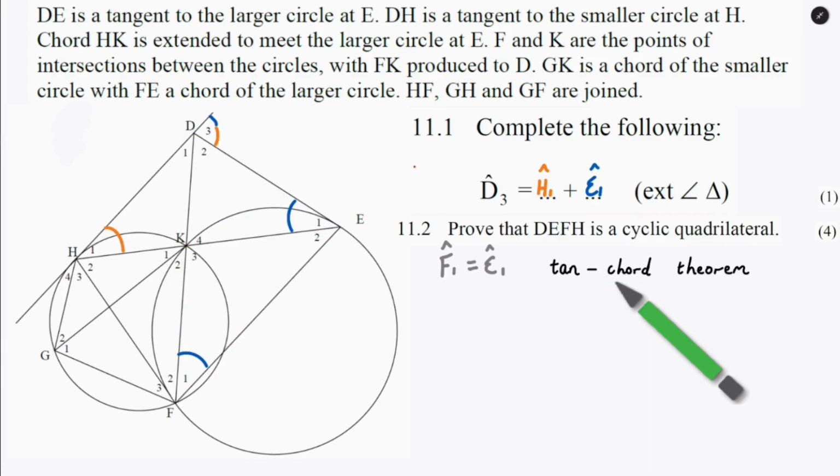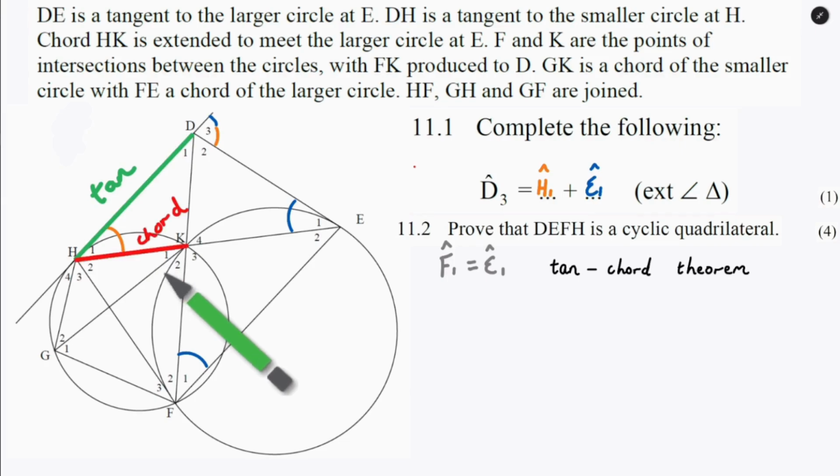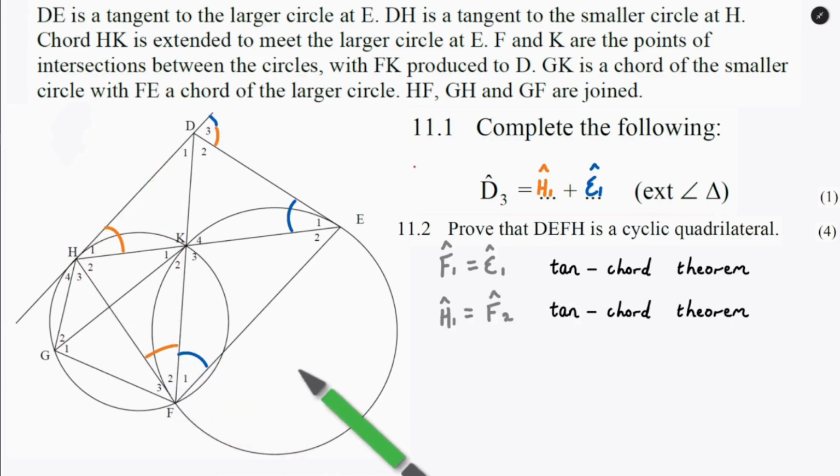In a very similar fashion, we come to this orange angle over here, H1. H1 is also nested in between a tangent and a chord. Go to either end of that chord, follow it down some more, and we find another orange angle down here, F2. So we write it up just like this: H1 equals F2 for the exact same reason, tan chord theorem.